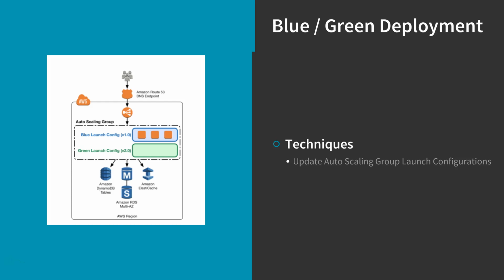You can associate only one launch configuration with an autoscaling group at a time, and it can't be modified after you create it. To change the launch configuration associated with an autoscaling group, replace the existing launch configuration with a new one. After a new launch configuration is in place, any new instances that are launched use the new launch configuration parameters, but existing instances are not affected.